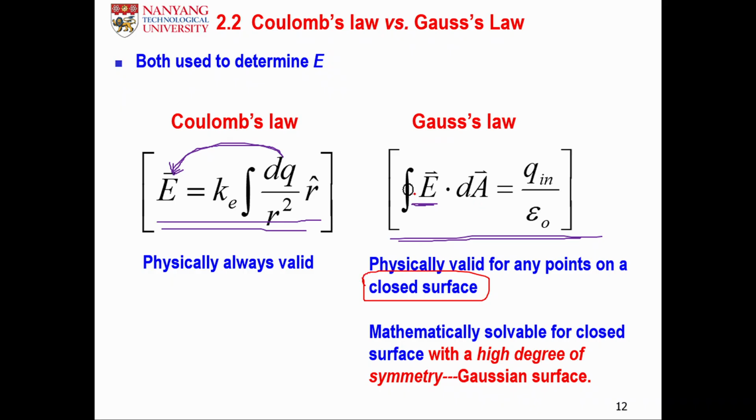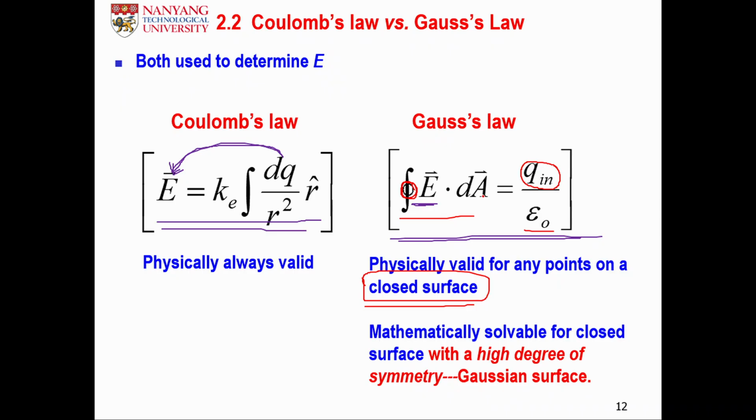So you can see here you have the integration along the entire closed surface, and here you need to consider the closed surface so that you can define Q in. So basically, on the left side and the right side, both always involve a closed surface. It means Gauss's law is only physically valid for a closed surface, not any arbitrary surface. And this is the first thing.